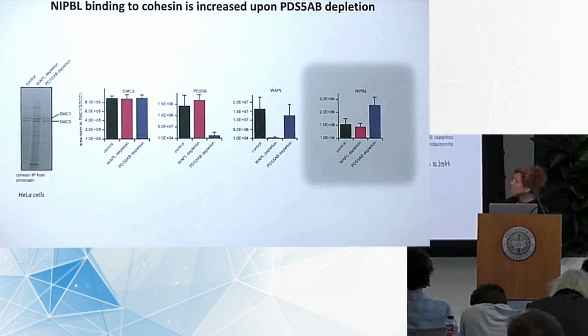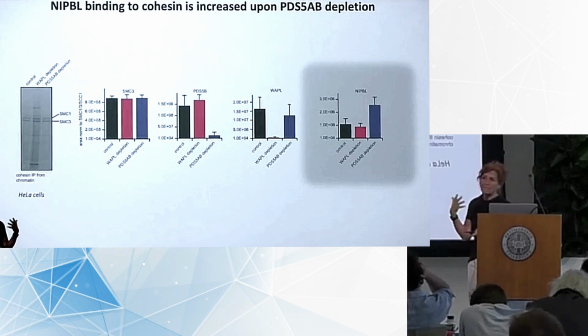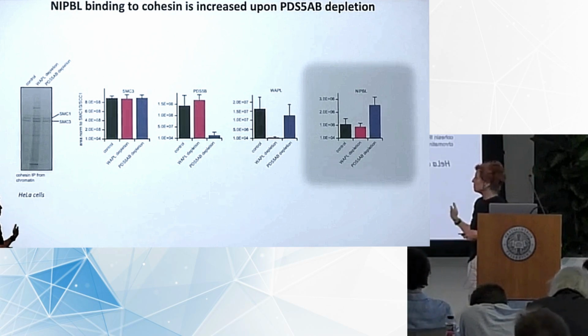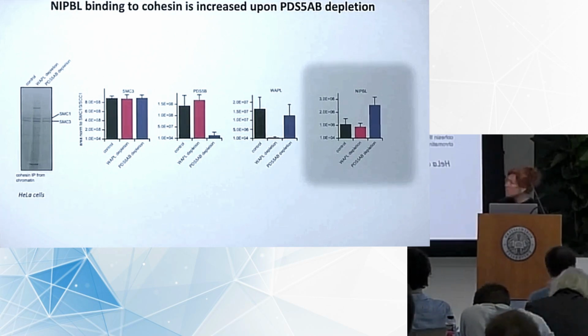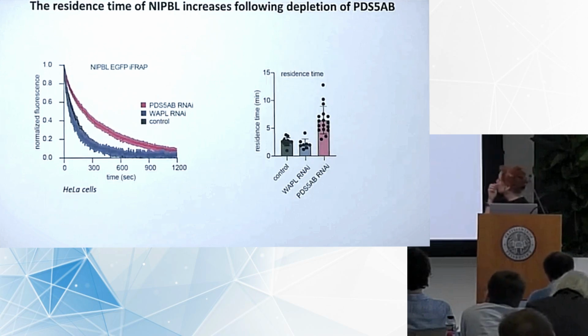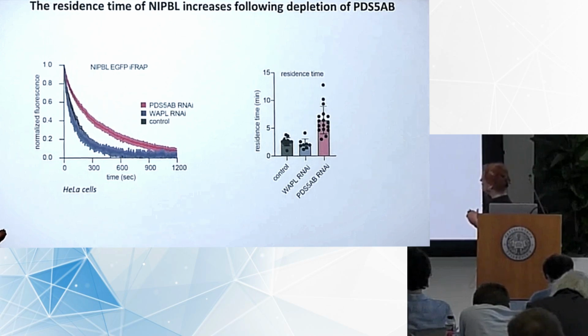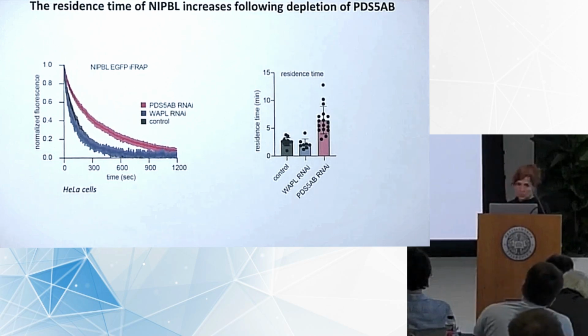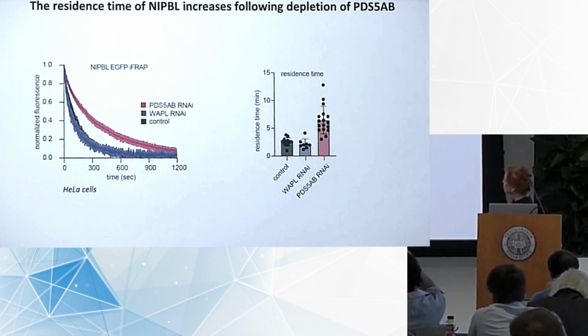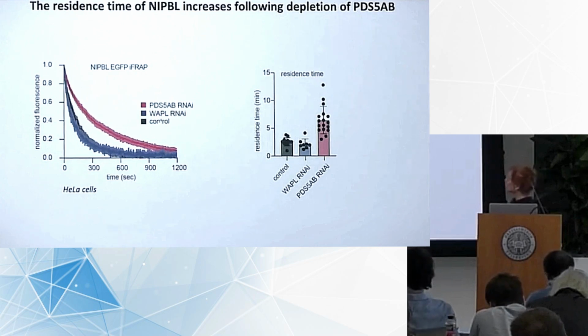And this goes along with the idea that PDS5 and NIPBL compete for the same part of cohesin to bind. Moreover, we also performed FRAP analysis, in this case for NIPBL, in different depletions, and we could observe that NIPBL gets more stabilized upon PDS5AB depletion than in the case of WAPL or control.